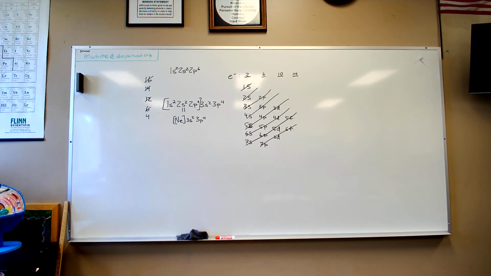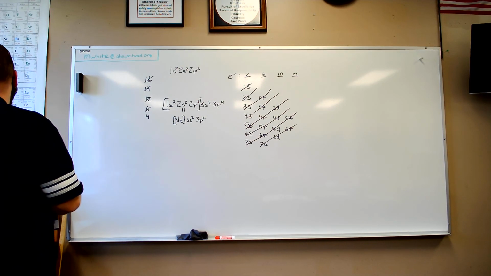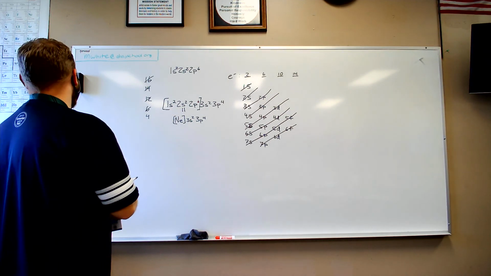But when you get to something like, I don't know, uranium that has 92, it gets a little annoying. Okay. So for uranium, what we would do, we go up 1 level and all the way over, and we get radon. Okay.